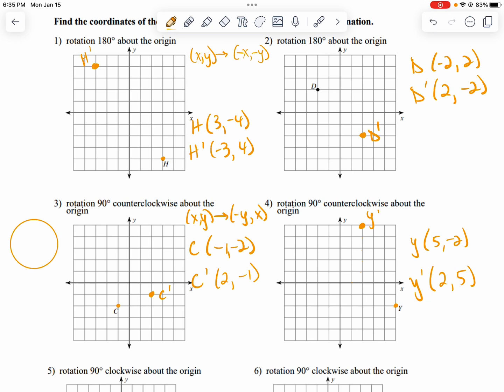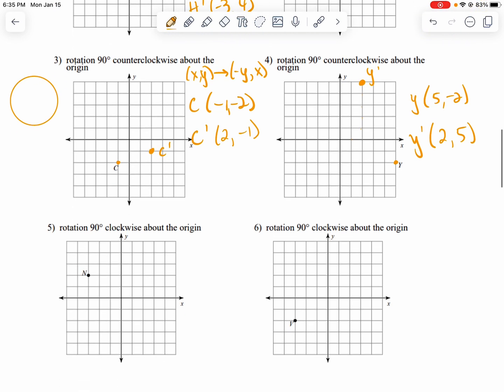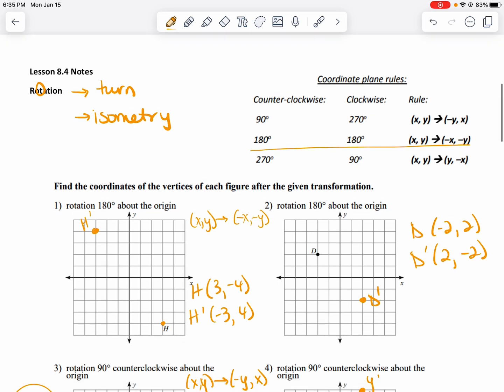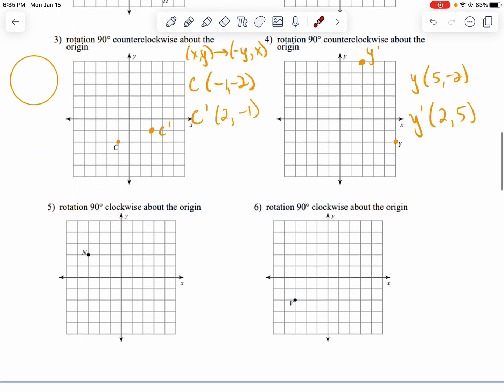That's it. Okay, so now for number 5 and number 6, we notice it says rotation 90 degrees clockwise about the origin. If we look here, we want clockwise 90 degrees. So here is my rule. When I have 90 degrees clockwise, (x, y) is going to become y and then the opposite of x.